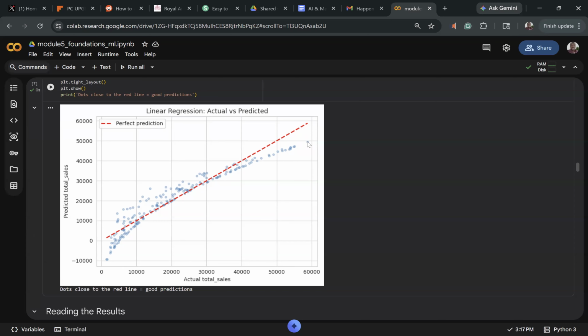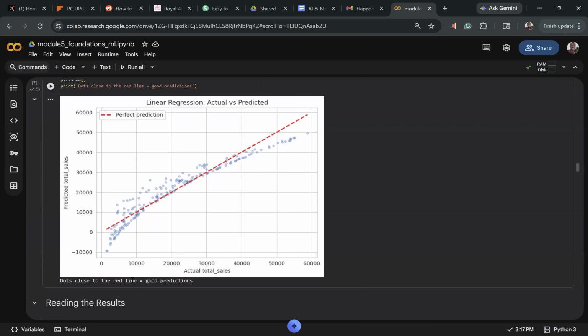So if you see a data point very far, that means the model is having a large error here, like you can see this. But for all these ones, the model was able to predict them very closely. That means the mean absolute error will be very small. But the ones that are far away, it's very large. So here is the prediction of the model. This is the linear regression line, and these are the data points that it is trying to fit. So you see here, dot close to the red line is equal to good predictions.